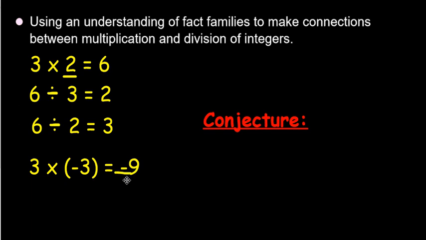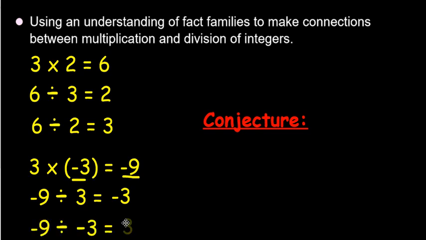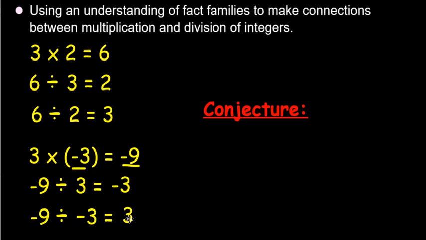Then we could take the product again, -9, divided by one of the factors, and we should get the other factor as our answer. We could also take that product -9 and divide by the second factor to get the first factor. And our answer, -9 divided by -3 equals a +3.